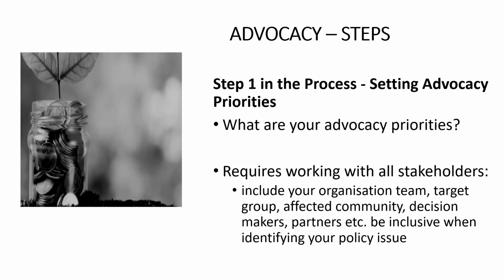So you're identifying an issue for those people who are likely to be affected, the decision makers, the person who you want to target, your potential partners as well. So you need to be very, very inclusive when you are coming up with your advocacy priorities. Again, this is identifying what the issue is, coming up with several of the problems, and then identifying those ones that you believe your CSO is best suited to tackle.